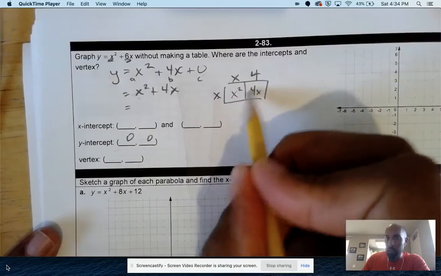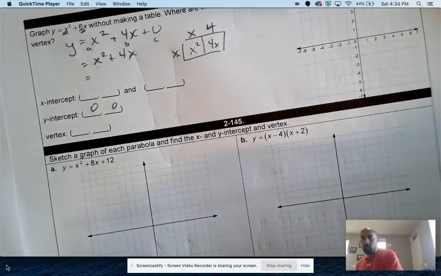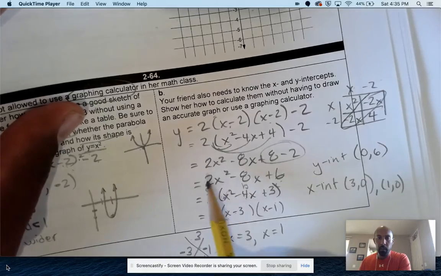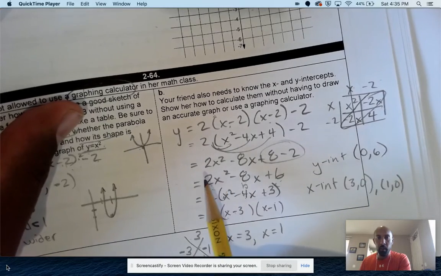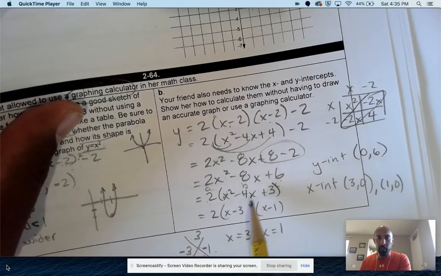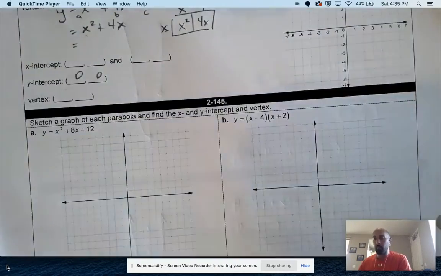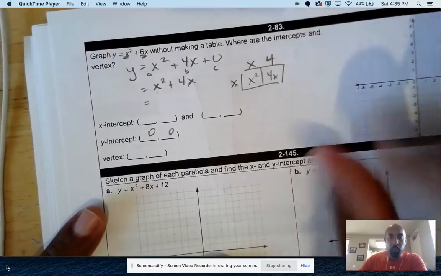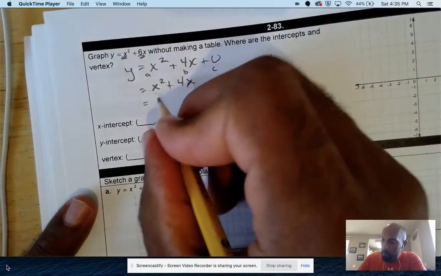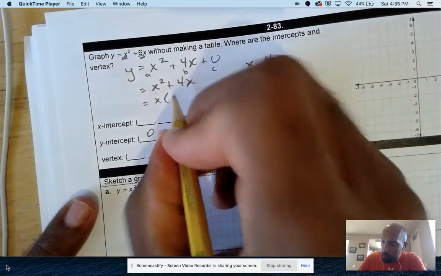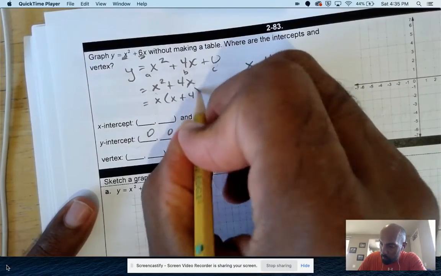And you could actually use this kind of box to factor back when we did that last problem. When I factored out that 2, I could have set up the box and then factored out the 2 to figure out this x squared minus 4x plus 3. Okay, so anyways, there's my factors. So x times the numbers on top, x plus 4.